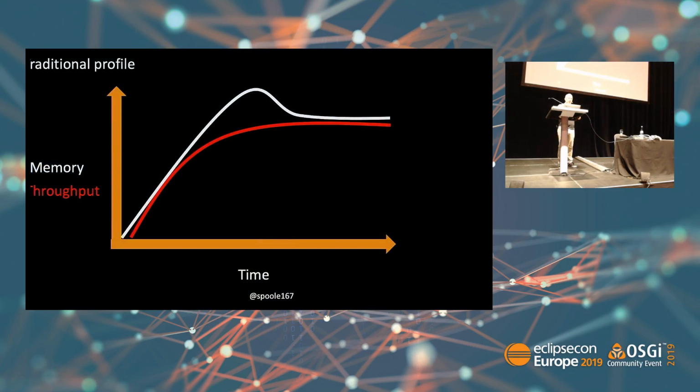The challenge for us is this is the shape of Java performance. If you look at any of the benchmarks that get run, enterprise benchmarks, you will notice that they have a reasonable shape. You probably won't see the white line, but you definitely see something with the red line that says it takes time for your Java application to reach maximum throughput, which is the red line.